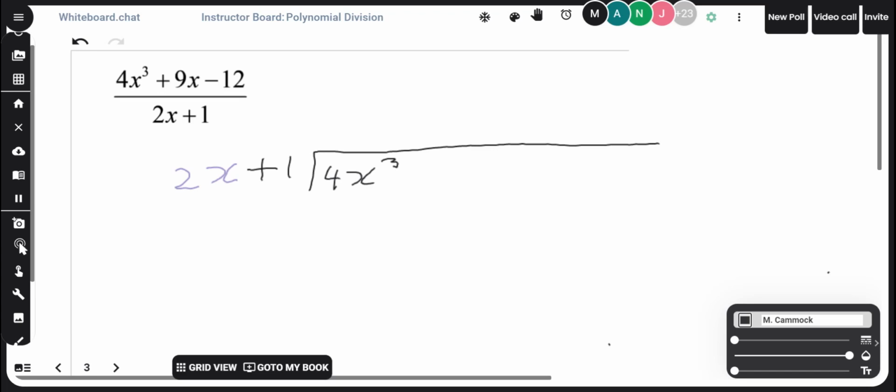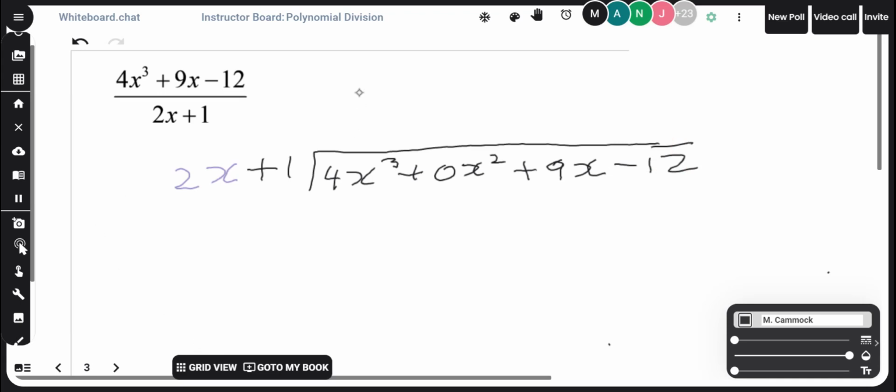That must sound a little weird, but I have to have every single exponent represented. Because I don't have one, I'm going to create plus 0x squared. So that's one way to deal with that: just put a 0x squared in. I have an x term of plus 9x, so I'm okay there. And I have a constant of minus 12, so I'm okay there as well.